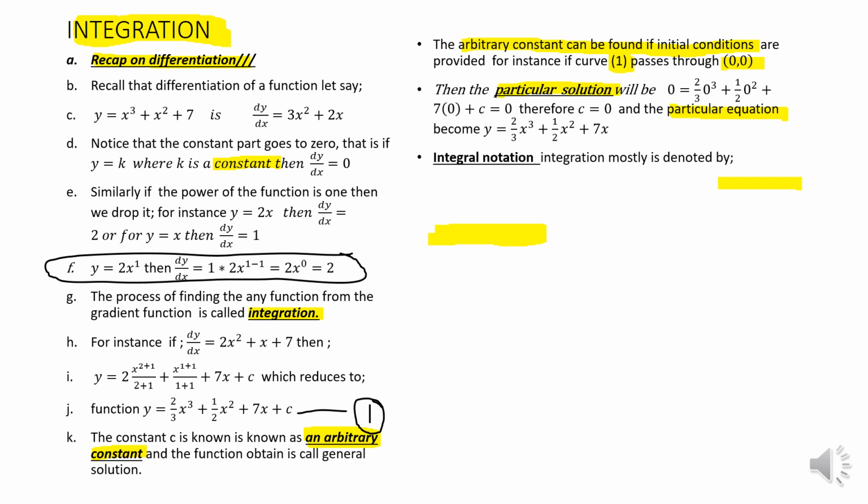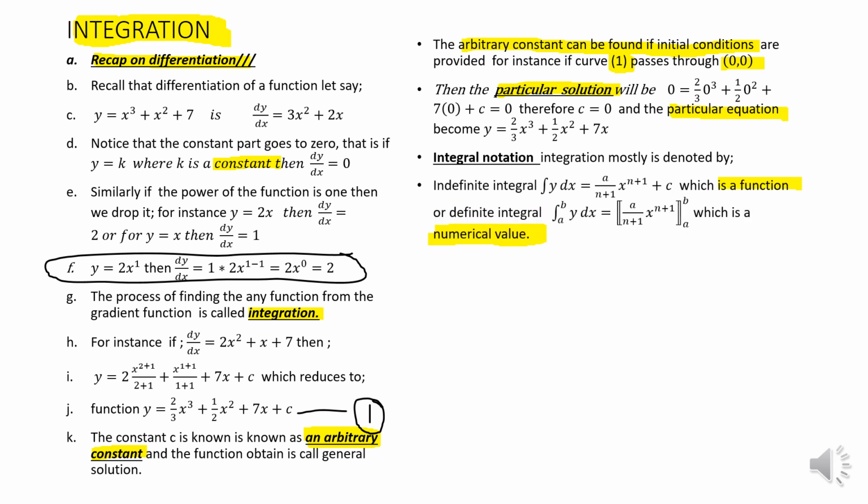Now, you realize too that integration has a notation, and mostly we have two types of integration. The first one we refer to as indefinite integral, and this indefinite integral actually has no limit. Most of the time, integration is noted by an extended s.